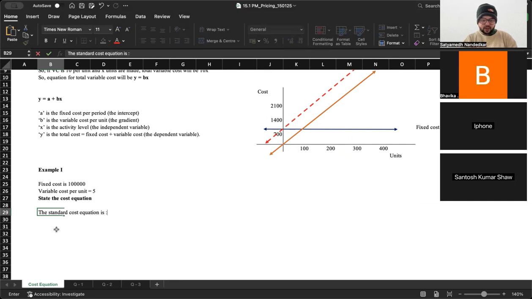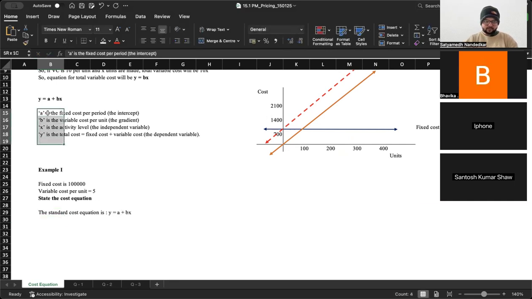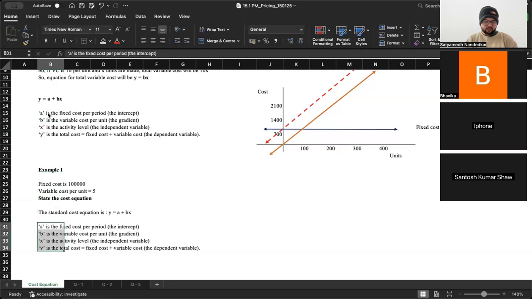Standard cost equation is y equal to a plus bx. A is 1 lakh. Variable cost per unit 5. Activity level we don't know, but we don't even need to know.